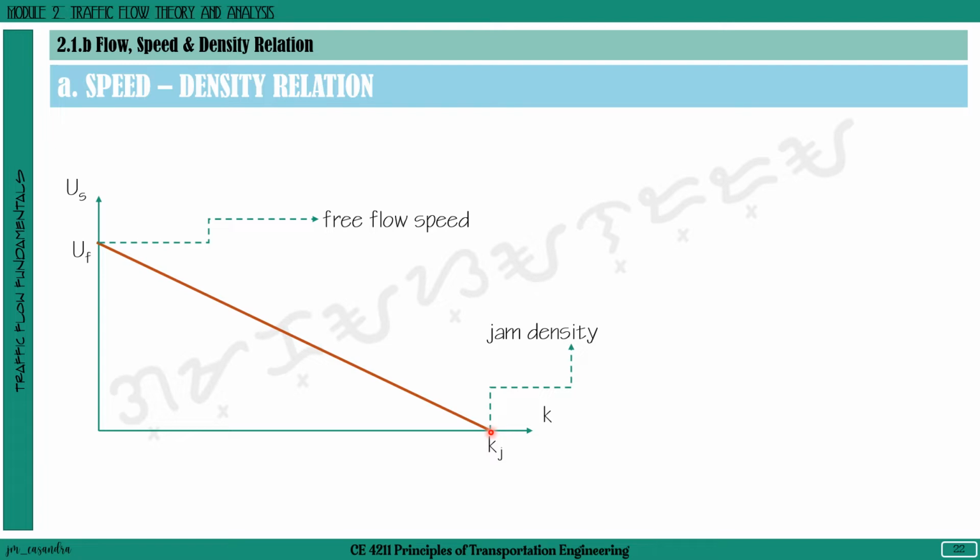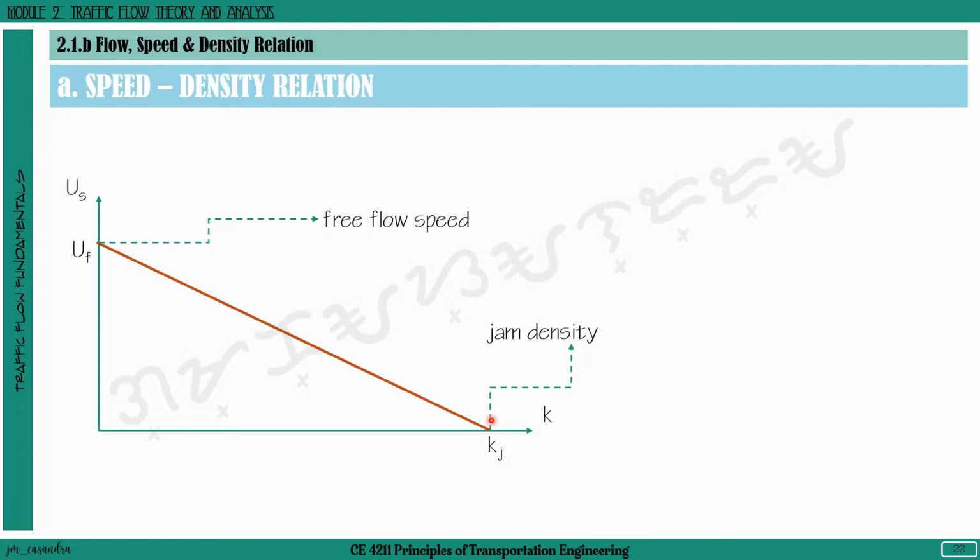So the jam density based from this graph is simply the density achieved when the speed is equal to 0, meaning there is no movement or there is very slow motion or flow of the vehicles.